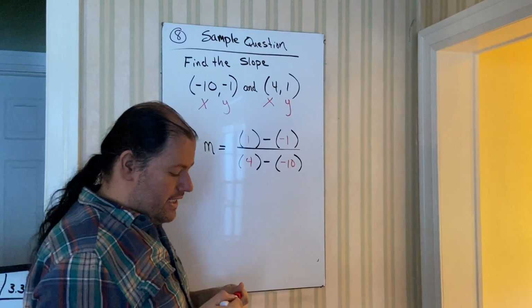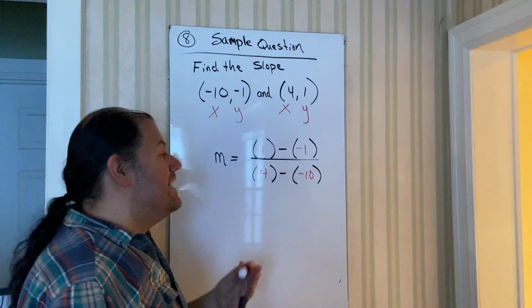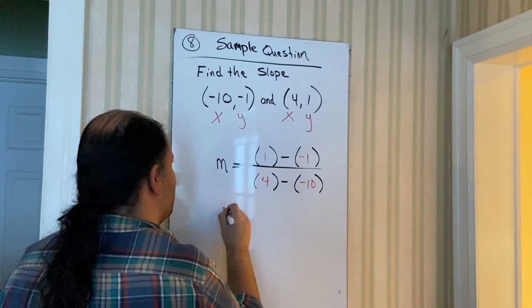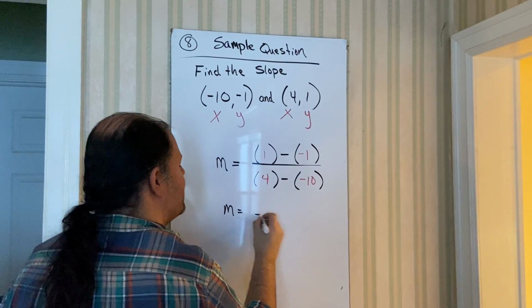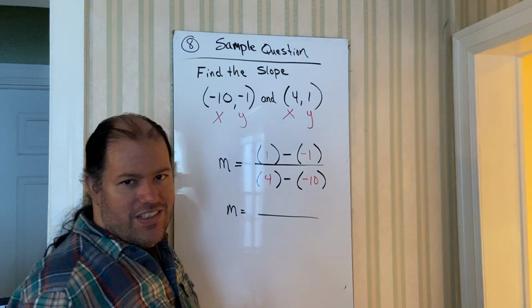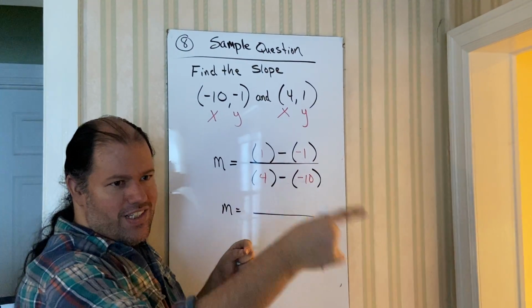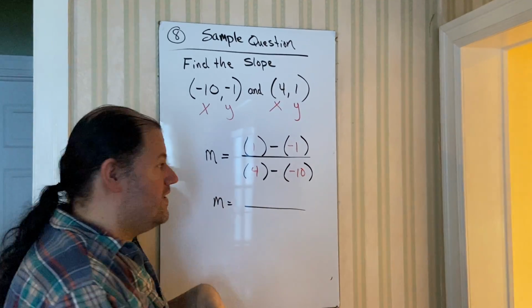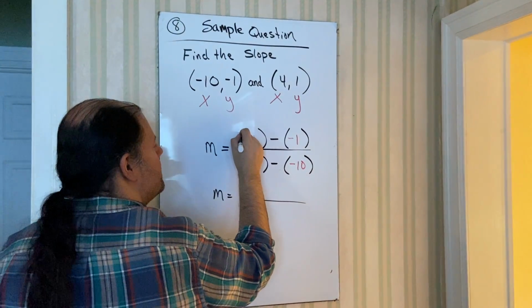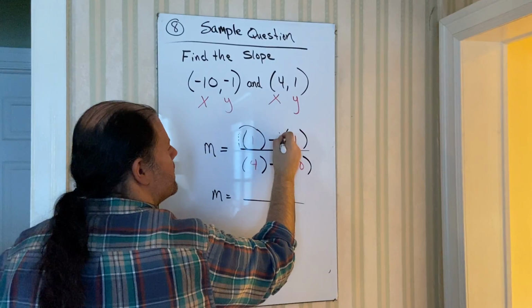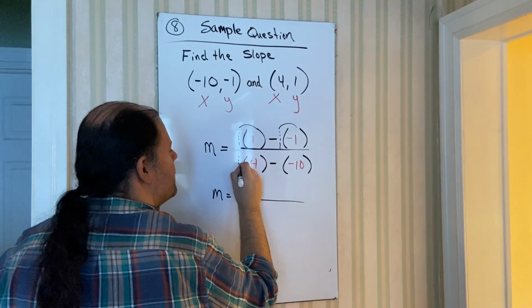Once you plug them in, then all you're going to do is simplify. You remember the simplifying step. Remember, I have an equal sign. Simplifying was distribute to get rid of parentheses, then collect any like terms. So we're going to distribute to get rid of these parentheses.